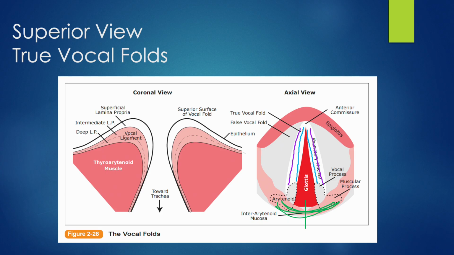And then we have the oblique arytenoideus muscles that crisscross from the base of one arytenoid to the tip of the other, and they bring the tips of the arytenoids together, bringing the vocal folds closer together. And then you have the LCA out here contracting to swivel the arytenoid process completely shut. So it goes transverse, obliques, LCA.